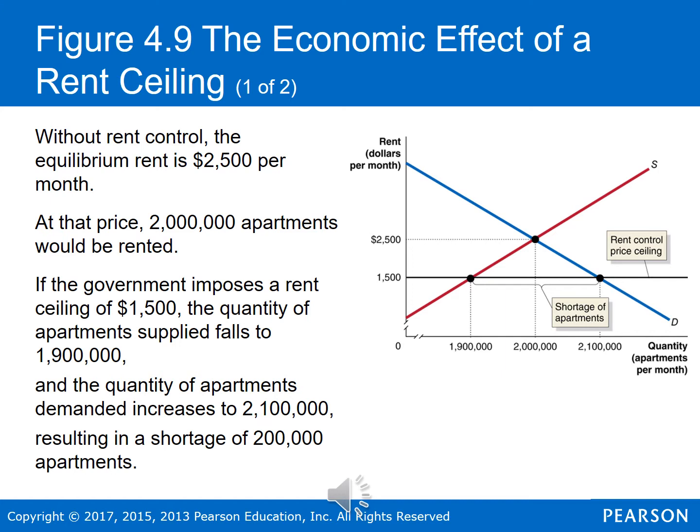The quantity of apartments supplied is going to fall to 1.9 million. Again, because at this lower price, the marginal cost is going to be too high for some landlords to be willing to rent apartments. But at this new lower price, 2.1 million people will want to rent apartments. So we end up with a shortage of apartments.